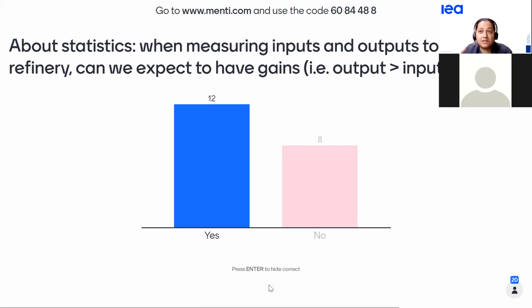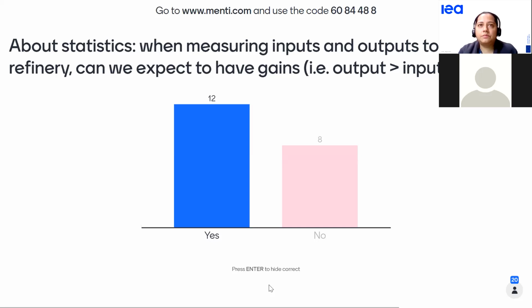In energy terms, it's not possible to have more than one you inputted, but in physical terms, it's possible, because when you take crude oil and put it in a refinery and get secondary oil products, it's possible to have a slight gain, not a lot, but a little bit. So that was why the answer was yes.